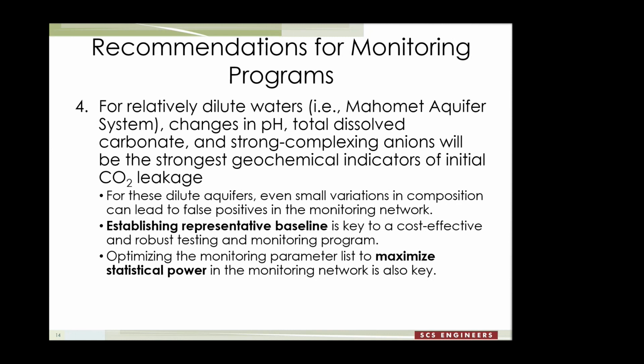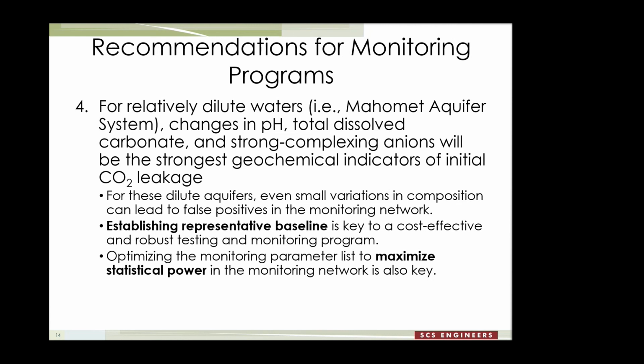However, even small variations in composition could lead to false positives or exceedances in the monitoring network. So it's absolutely key to establish a representative baseline in order for your monitoring program to be both robust and cost effective. And we know this from working at CCR sites and landfills.